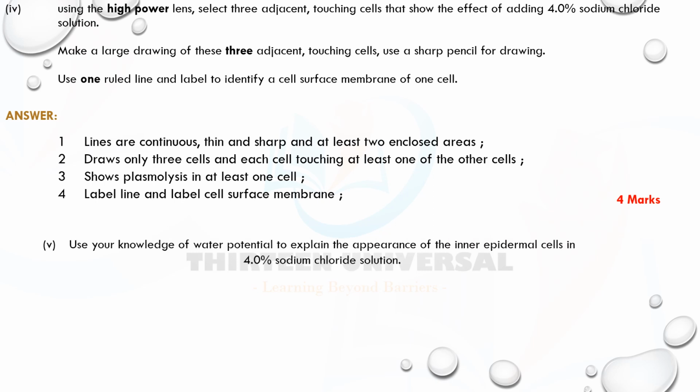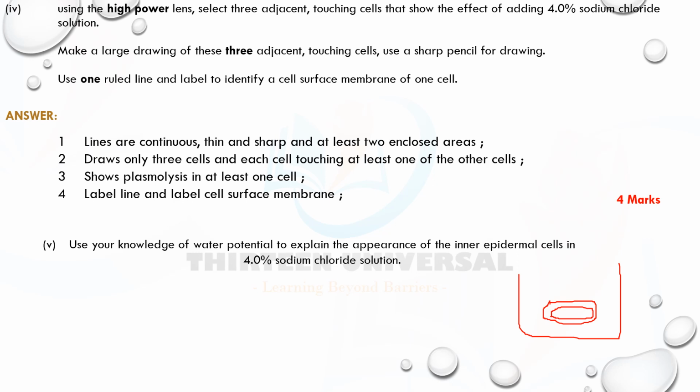Now the next question is, use your knowledge of water potential to explain the appearance of the inner epidermal cells in 4% sodium chloride. Remember that. Pause this video and try this question. So if you put a cell in a solution that has lower water potential, that means the solution has a more negative water potential. 4% is quite high.